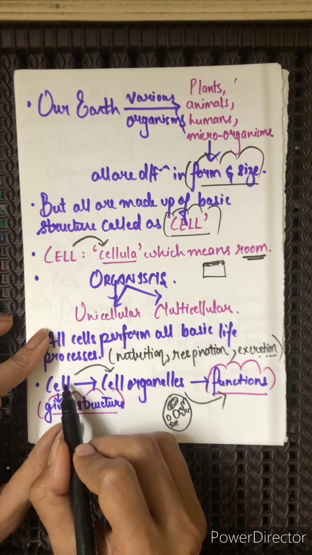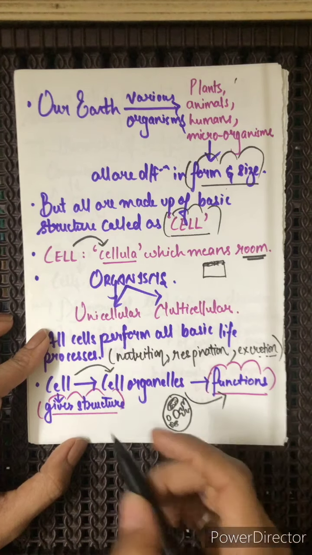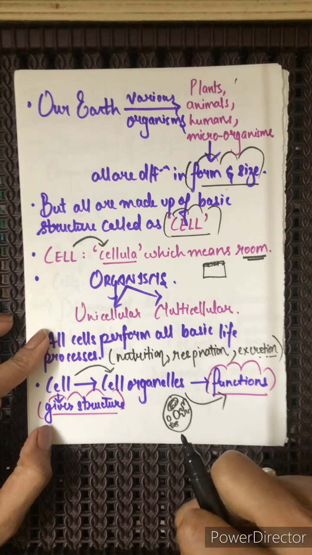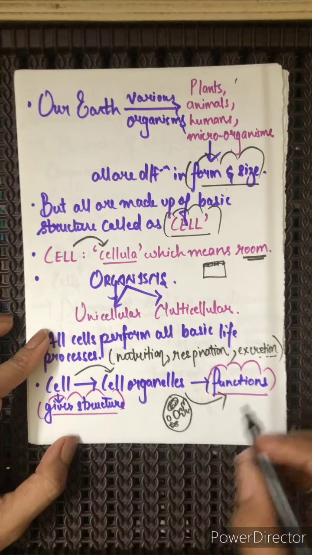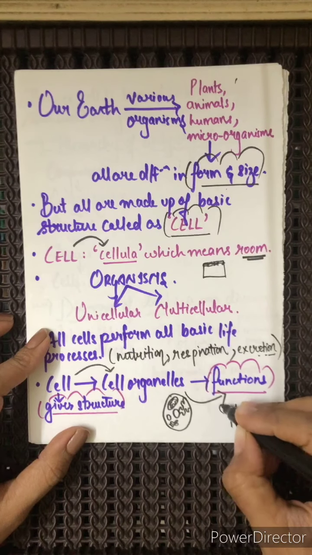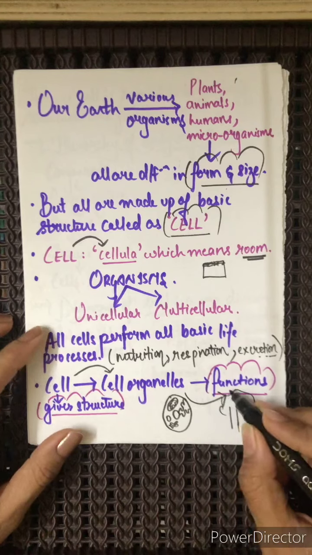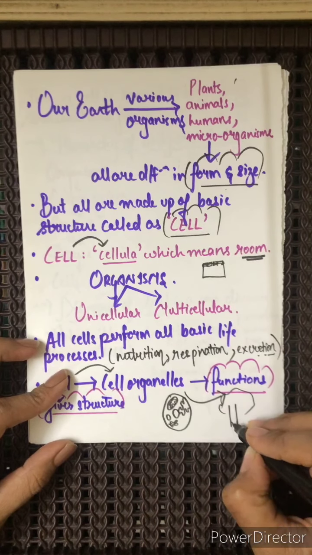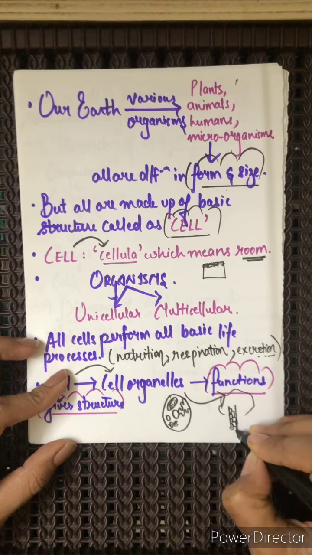So all the cells are able to perform all the functions, and all the cells have a definite structure. Therefore it gives the body a given structure. For example, suppose we talk of a tree, how does it get a particular shape? That shape is because of the individual cells present inside this plant, inside this tree.